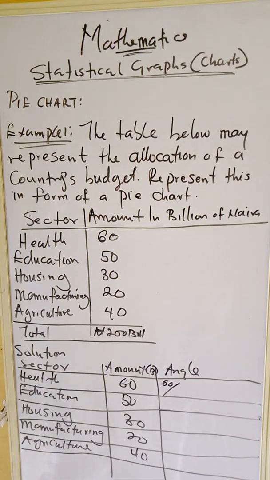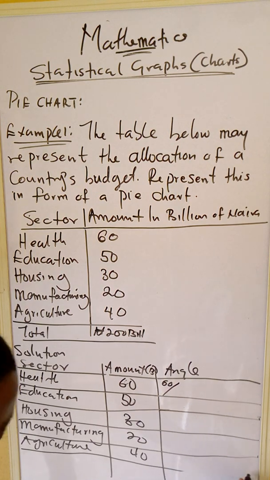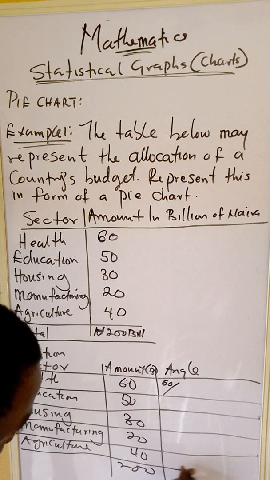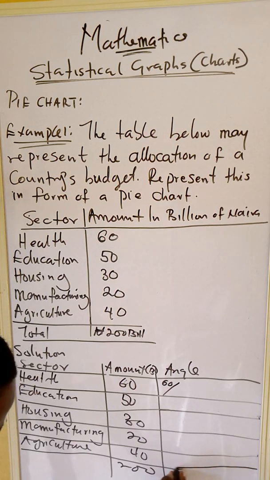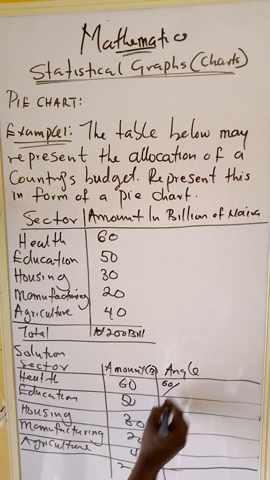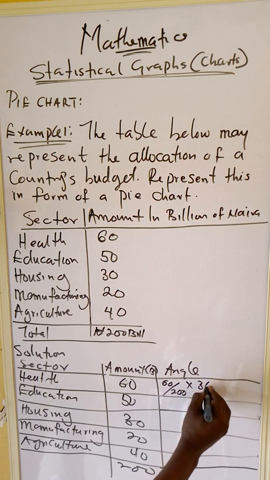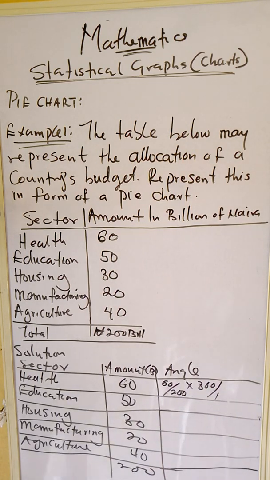So now let us calculate for their sectors. For health, 60, the total is 200. So 60 over 200 times 360 over 1.